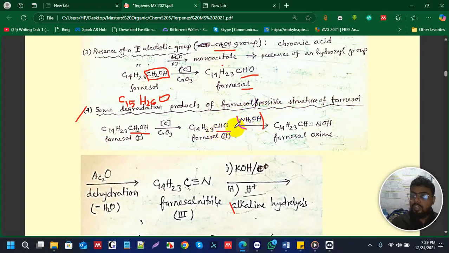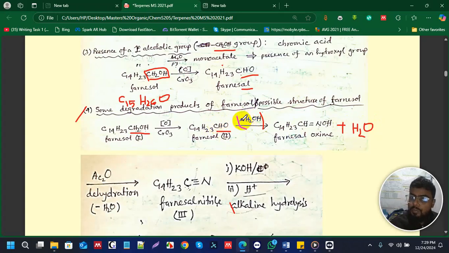It will add with this compound and be converted into CH double bond O. Actually, the aldehyde group is present as CH double bond O. This oxygen will attach to hydrogen and be converted into water, and the remaining portion, since oxygen is eliminated, means carbon contains a free double bond.